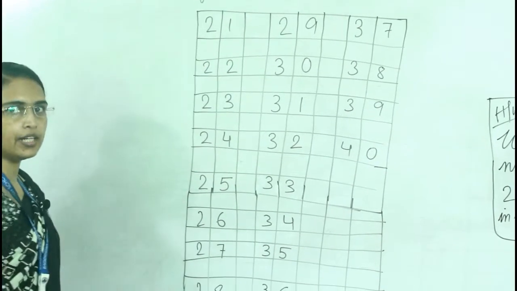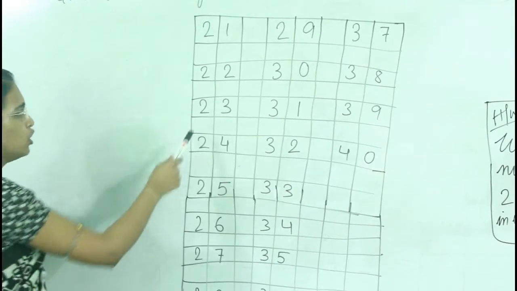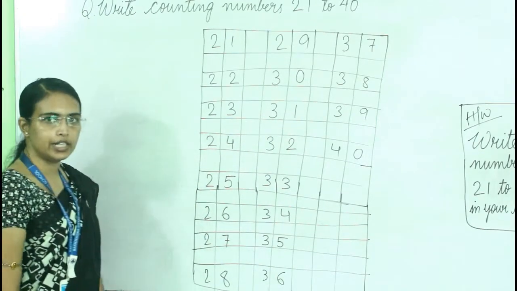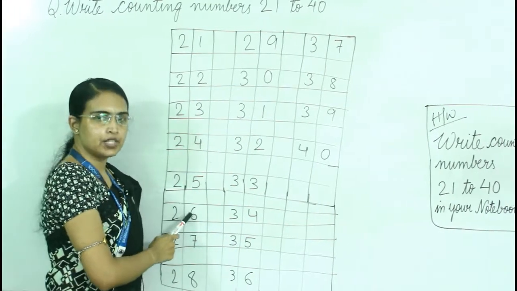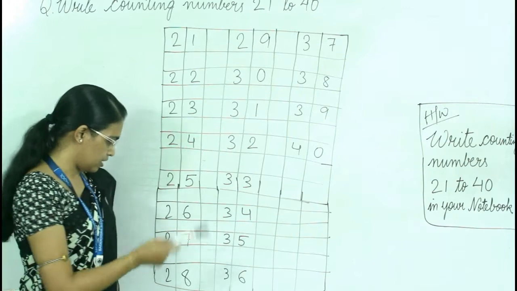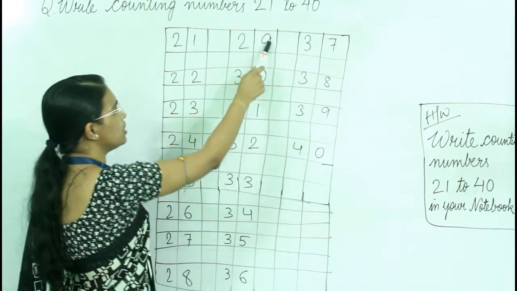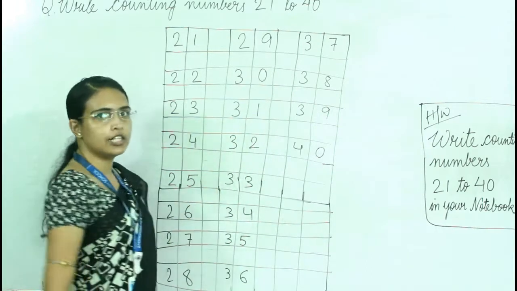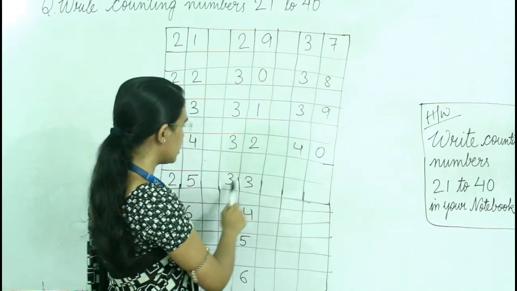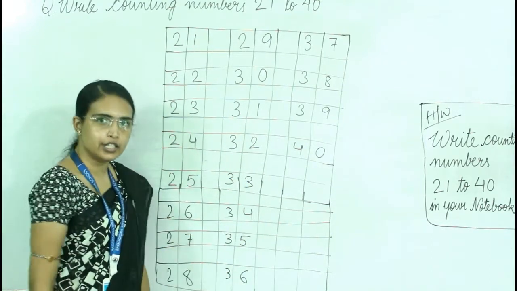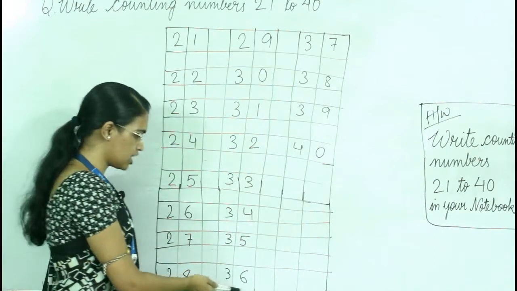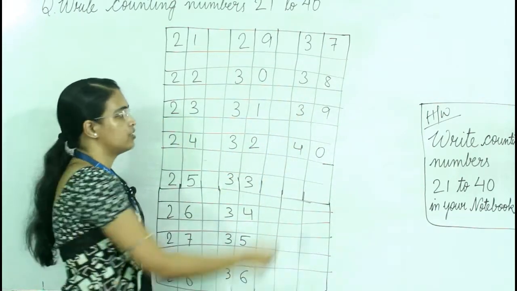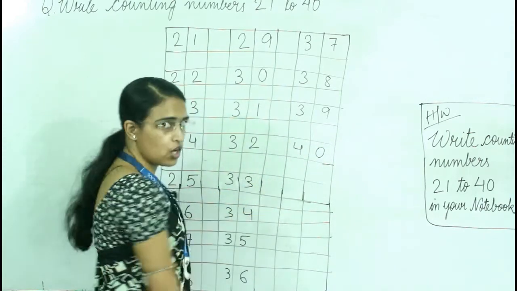Like 2 1 21, 2 2 22, 2 3 23, 2 4 24, 2 5 25, 2 6 26, 2 7 27, 2 8 28, 2 9 29, 3 0 30, 3 1 31, 3 2 32, 3 3 33, 3 4 34, 35, 36, 37, 38, 39, and 40.